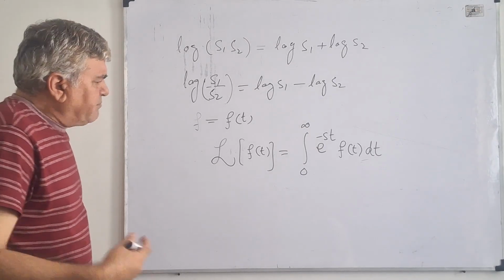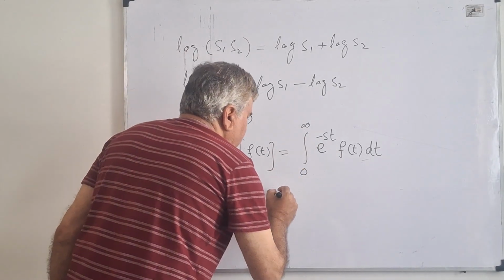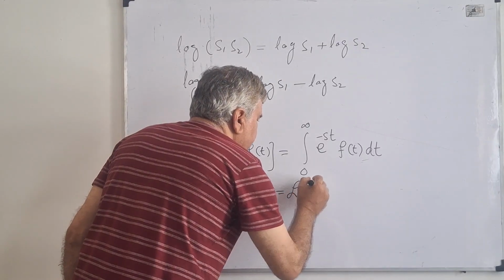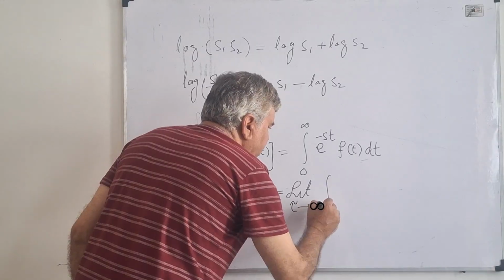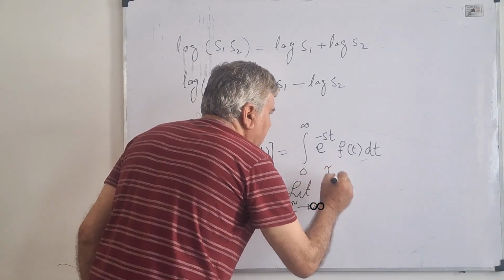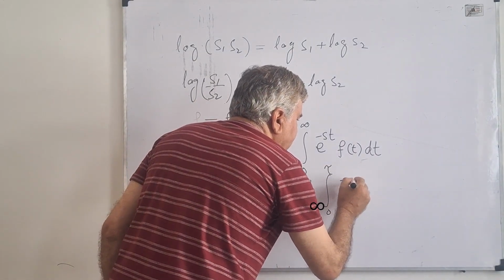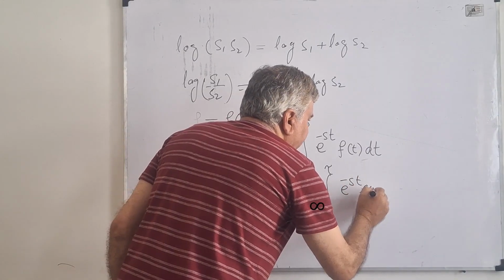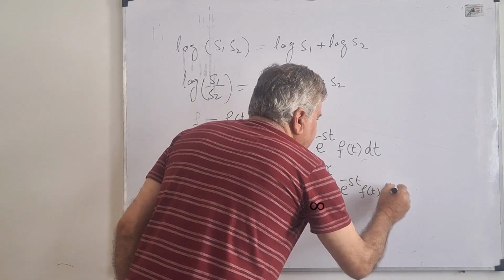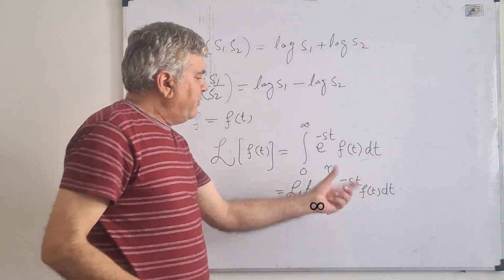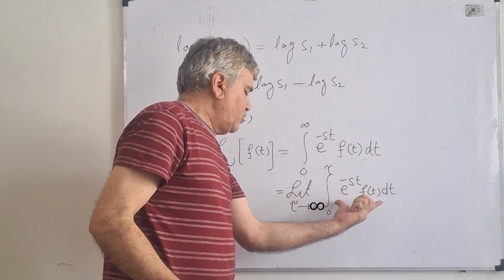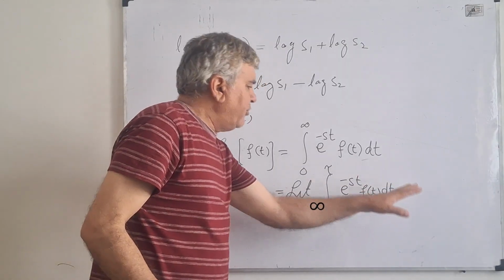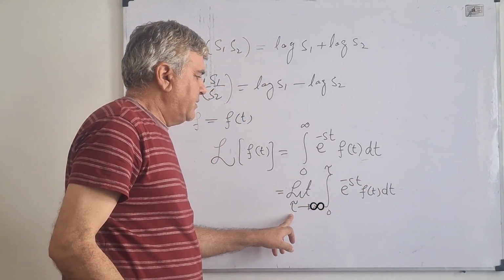And sometimes we put this integral into another form: limit T tends to infinity of the integral from 0 to T of exponent minus s t times f of t dt. In this form, we first solve the integral, and in the end result, we put the limit.